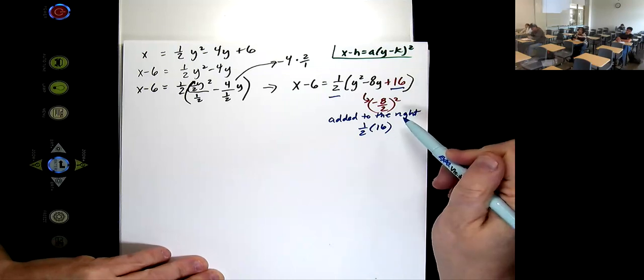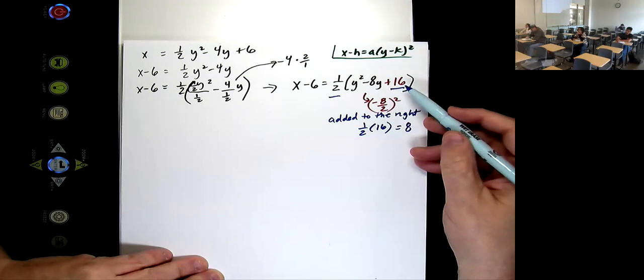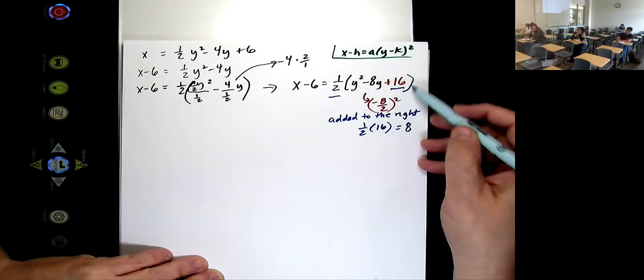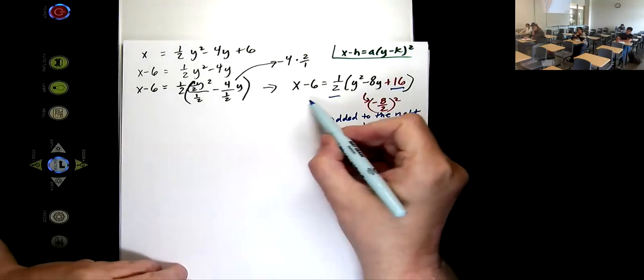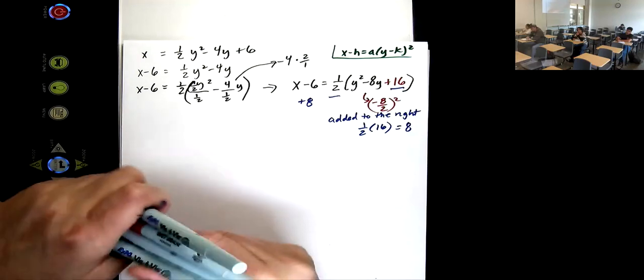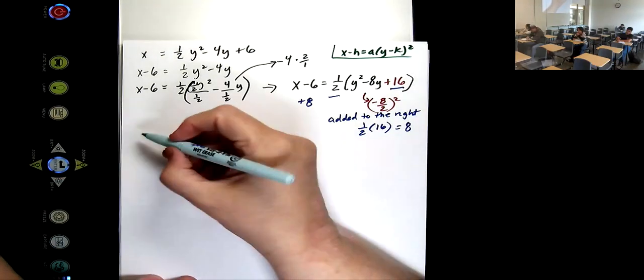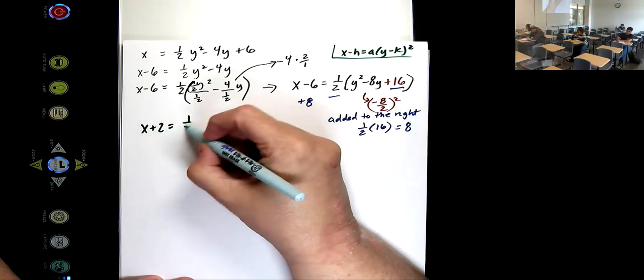So that's 8, right? I've added 8 to the right side by doing this operation right here, completing the square. I need to add 8 to the left side as well. So this puts me right here.